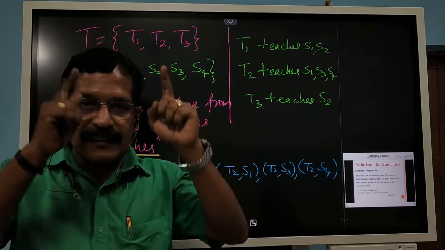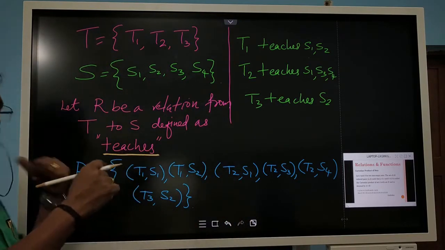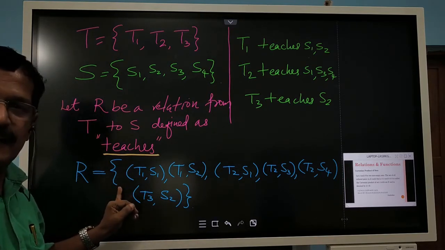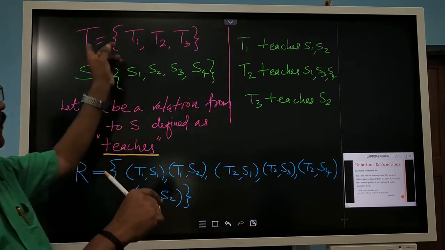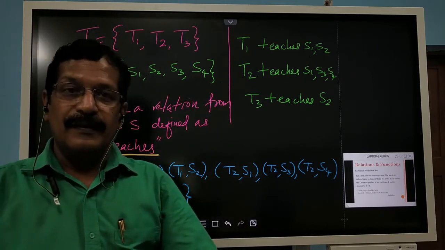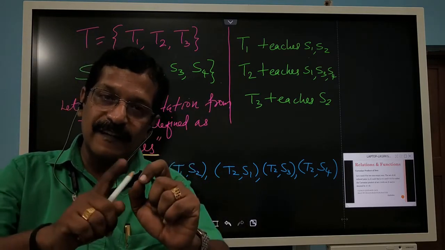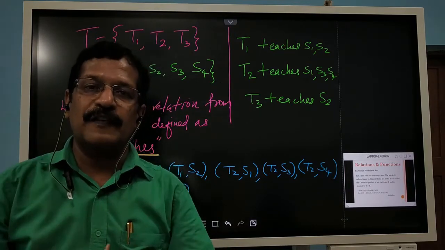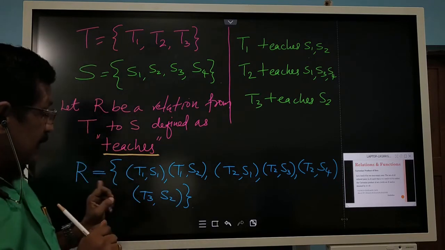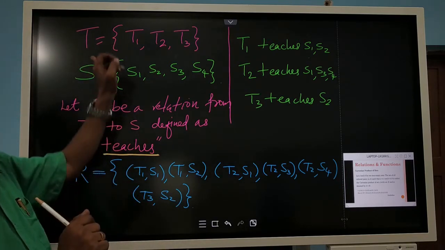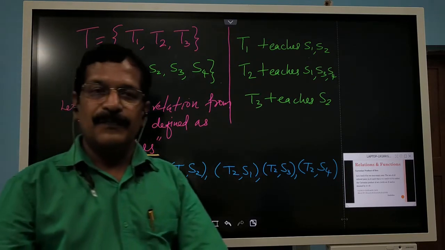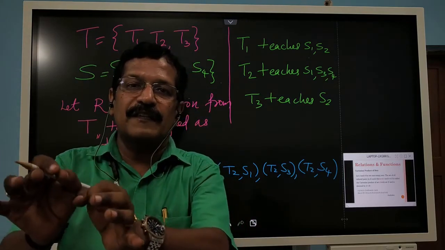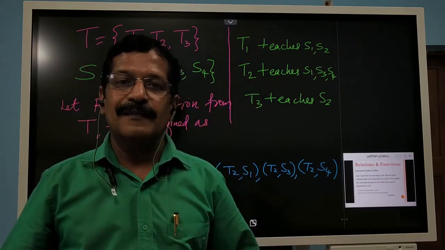You think about that T cross S and this R. Every element of this set R is an element of T cross S. If every element of a set is an element of T cross S, then this will be a subset of T cross S. So this relation R is a subset of T cross S. It means that a relation from T to S is a subset of T cross S.